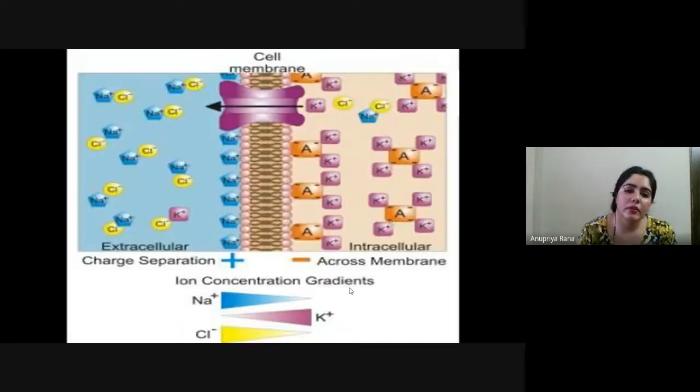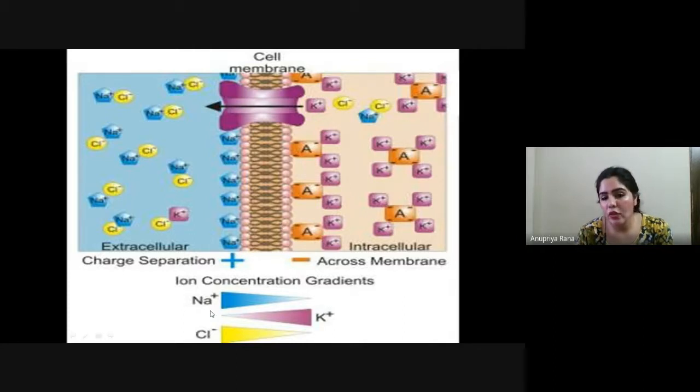You can see here that, on the basis of concentration, ions can go outward or inward. Potassium is present in larger amounts inside compared to the outside, so the concentration of potassium is high at the intracellular side compared to sodium. This is called the ion concentration gradient.